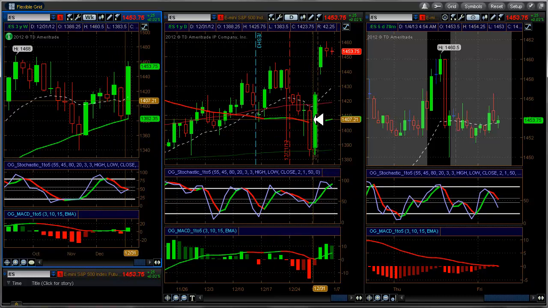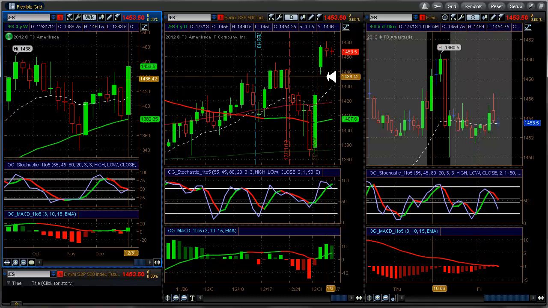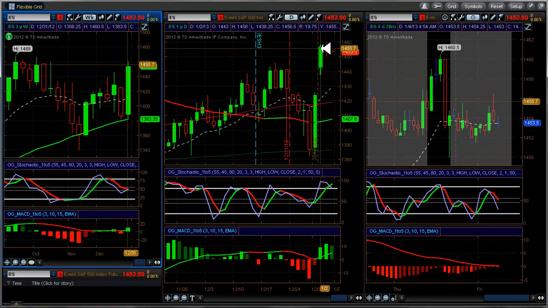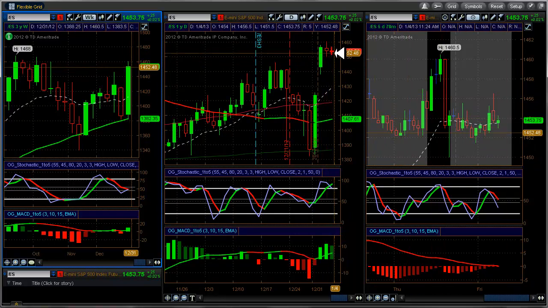An inside day is usually defined as a complete trading range within the previous day's bar, high and low. So the previous day is here, this green candle is Wednesday, and this is Thursday. This is already today because the futures are already trading.